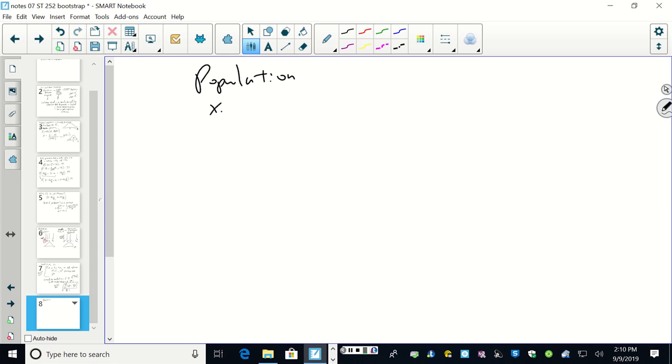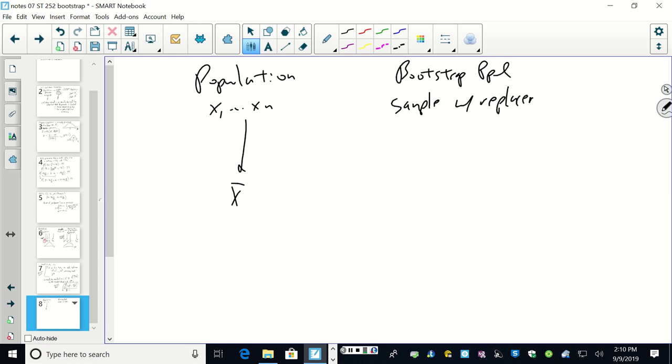We have our x's, and we get our x bar. We set up our bootstrap population. We sample, with replacement, from our data. And that's how we're going to generate the bootstrap samples.